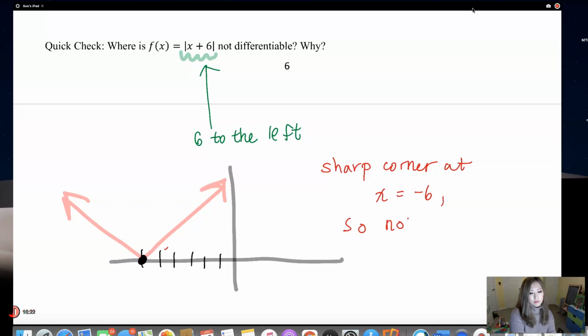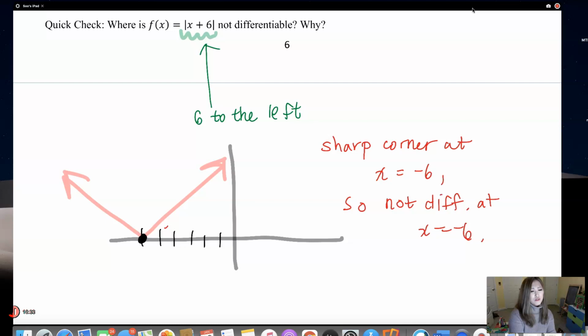So, not differentiable at x equals -6. That's it. And if you wonder what's wrong with a sharp corner, remember, at the sharp corners we can have multiple tangent lines, and multiple tangent lines means we're not going to have a unique tangent line, so we can't discuss the slope of such a line.